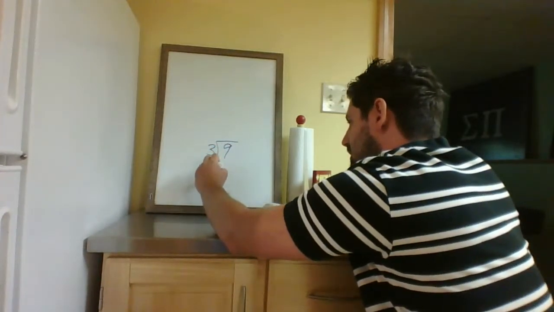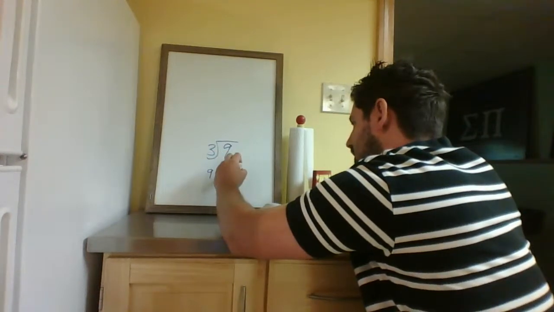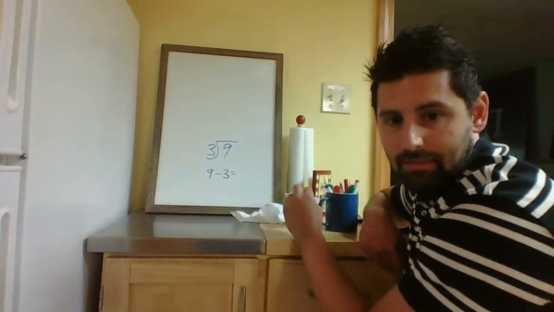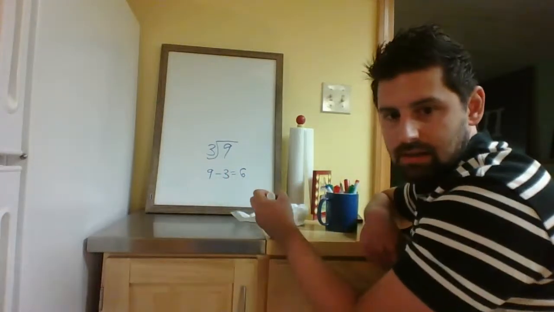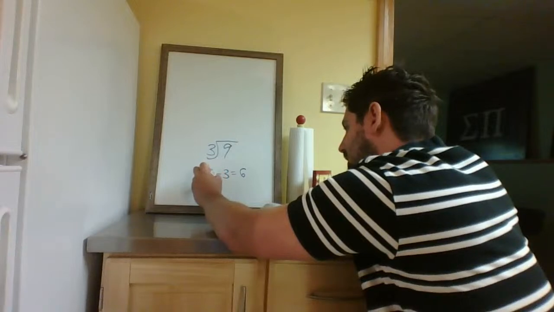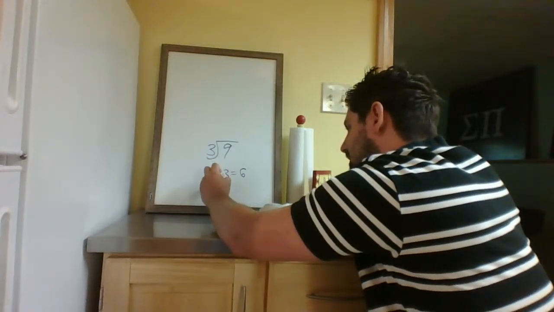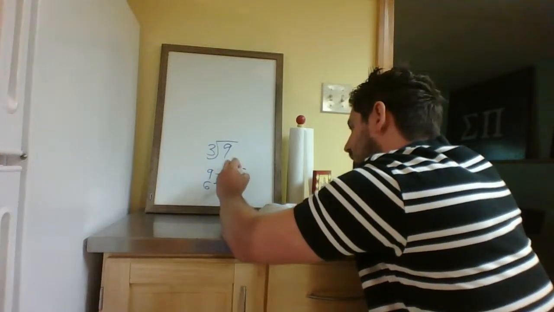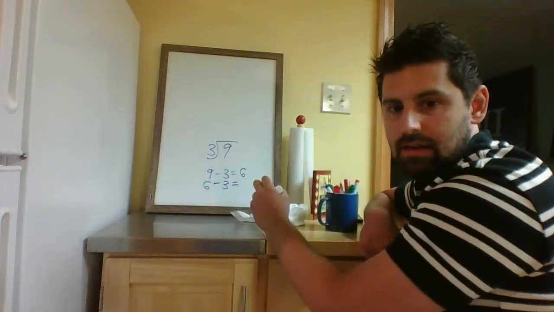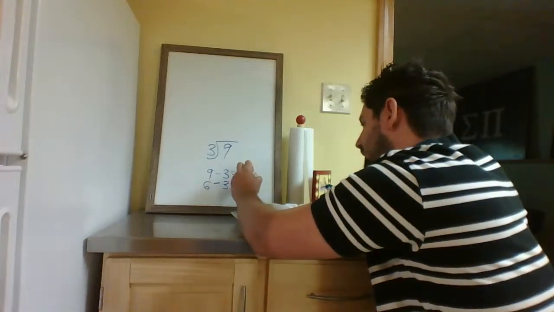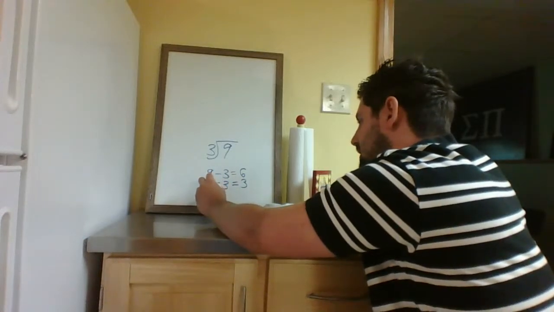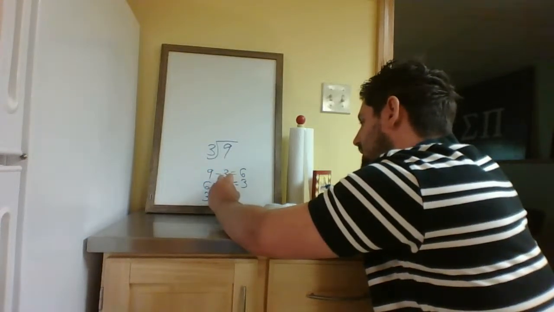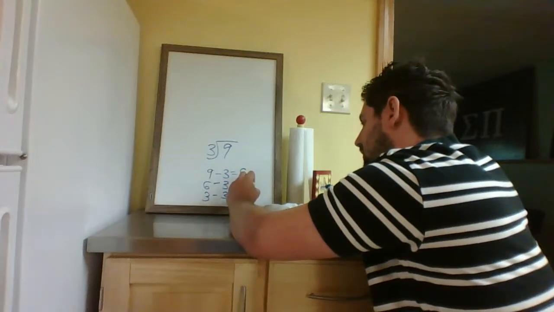So 9 minus 3 equals 6. 6 minus 3 equals 3. 3 minus 3 equals 0.